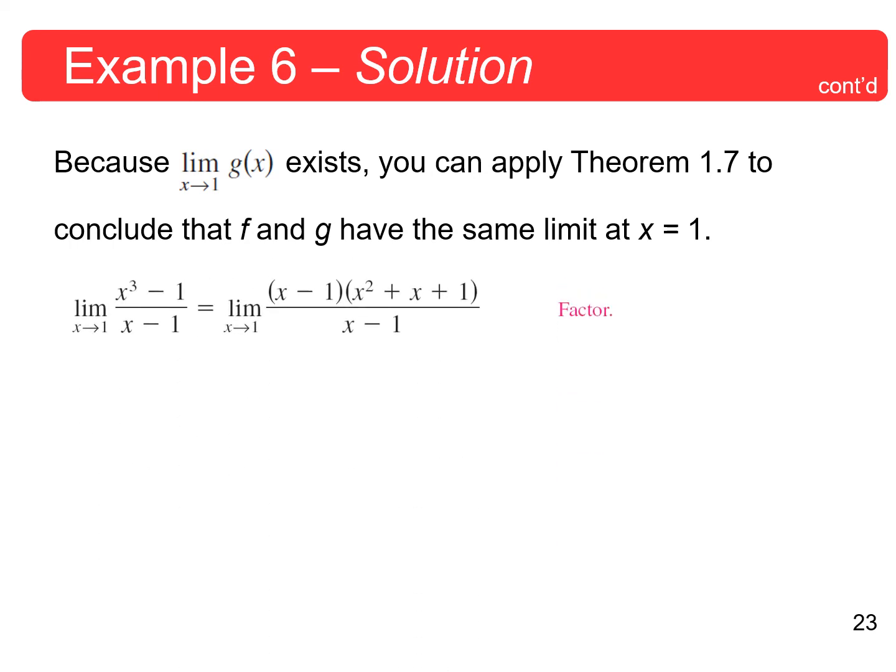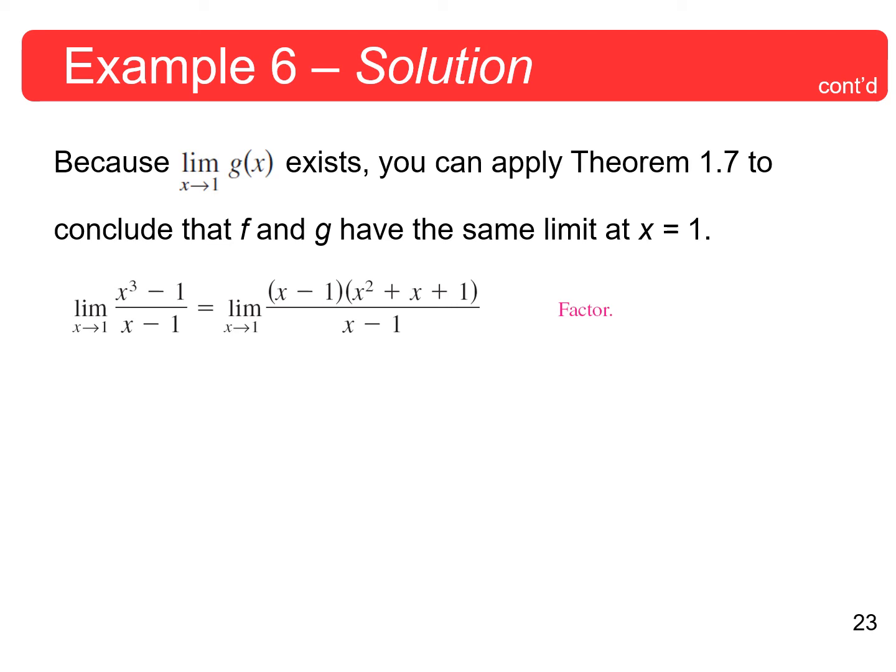So let's formalize this now. If you want to evaluate the limit of x cubed minus 1 over x minus 1, the first step is to see whether direct substitution can be applied. You can see directly that the denominator becomes 0, and so direct substitution does not apply.